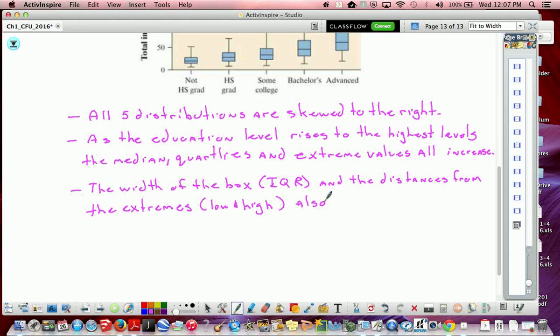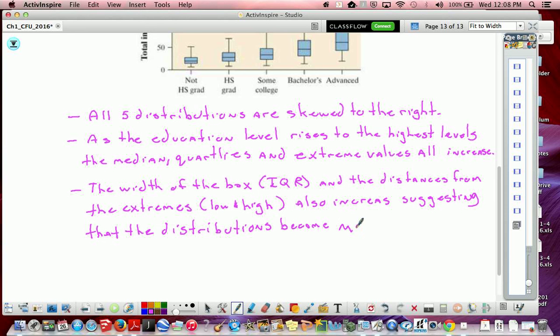Also increase, suggesting that the distributions become more spread out as education levels rise. All right, that's awesome. That ends that worksheet.